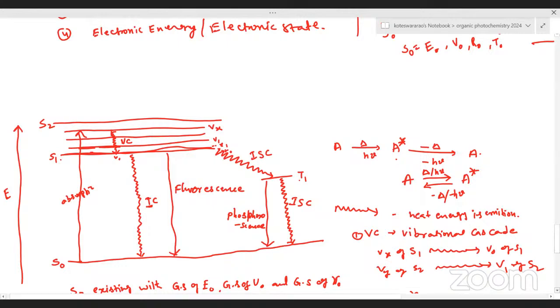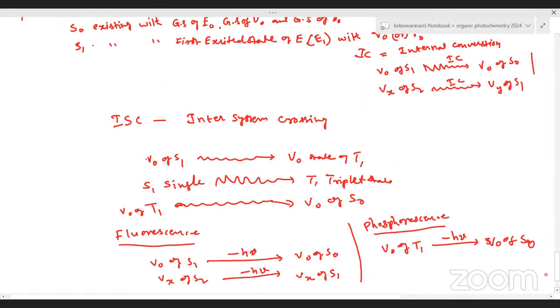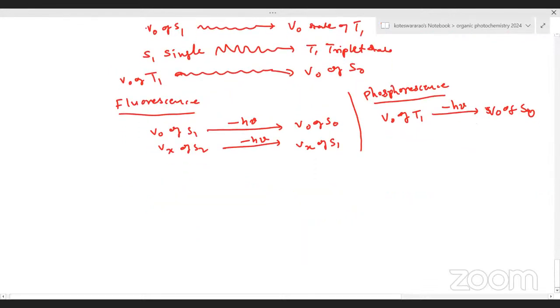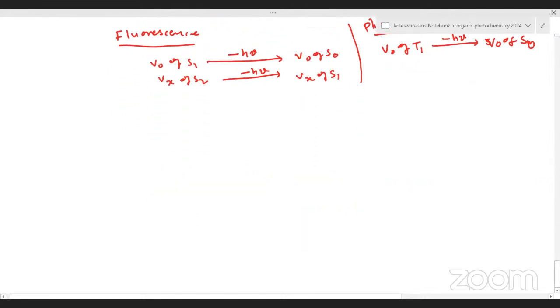Next, coming to a detailed discussion on intersystem crossing. It is generally appearing in the theory exams. Here we have three different types of unsaturated systems, especially as far as photochemical reactions are concerned.